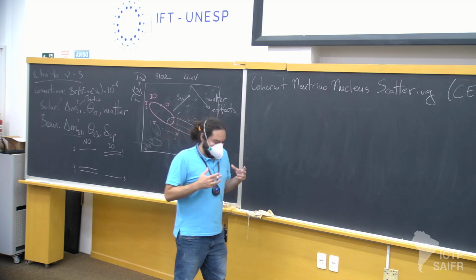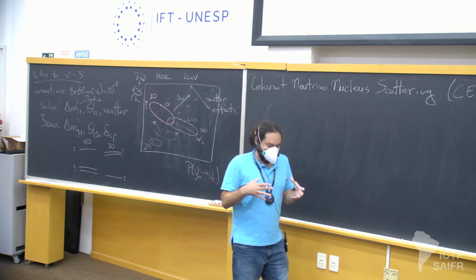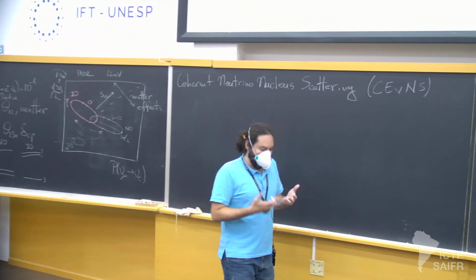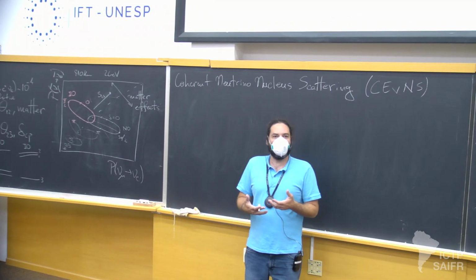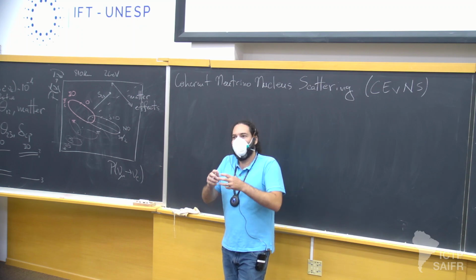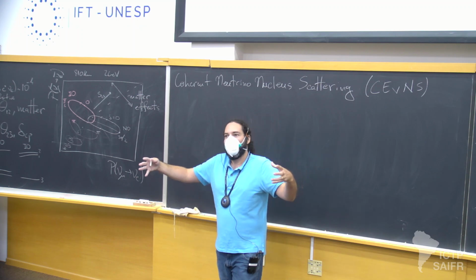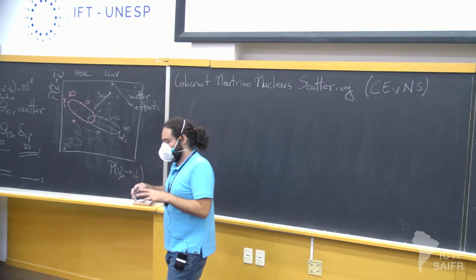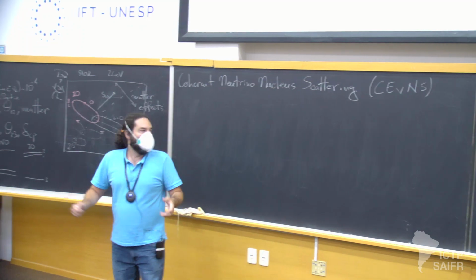So what is that? This is a cross-section in which the neutrino comes and exchanges not too much energy with a nucleus, and instead of hitting the nucleons in the nucleus, it hits the whole blob. And the reason why that is interesting is because when it hits the whole blob, imagine this, right?